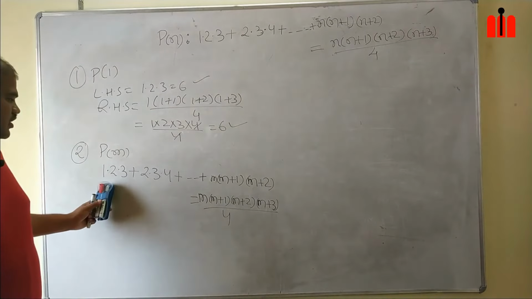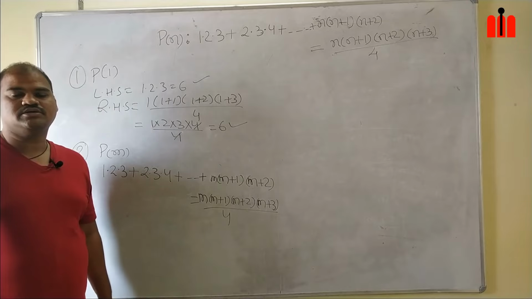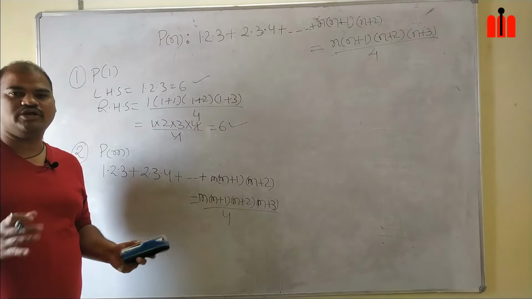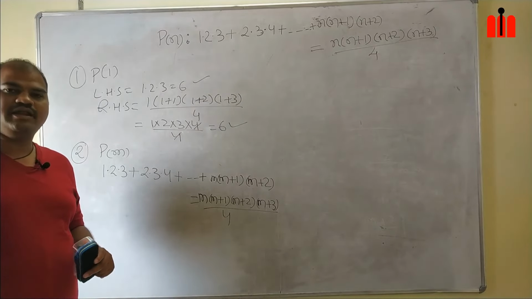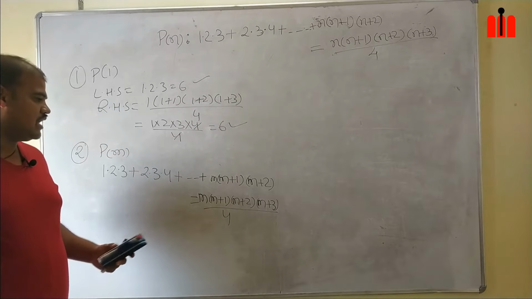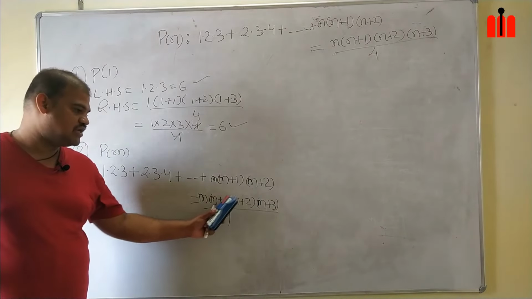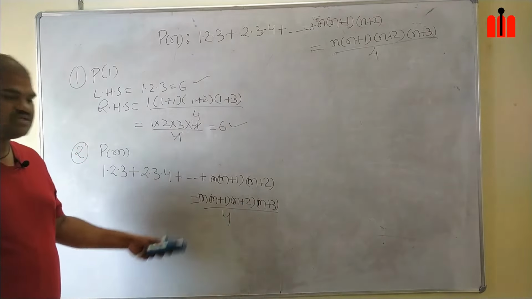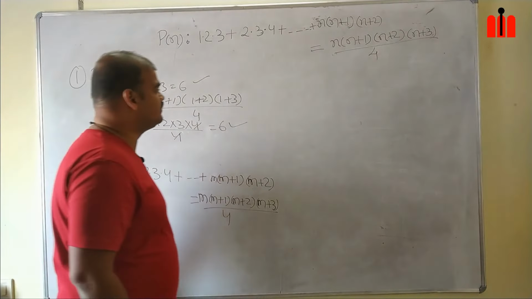So it is the product of three natural numbers taken in order, 1, 2, 3, 2, 3, 4, 3, 4, 5, like that, M, M plus 1, M plus 2. So this is the mth term. This is equal to M, M plus 1, M plus 2, M plus 3 by 4. So this is my concrete statement which I got from the assumption.